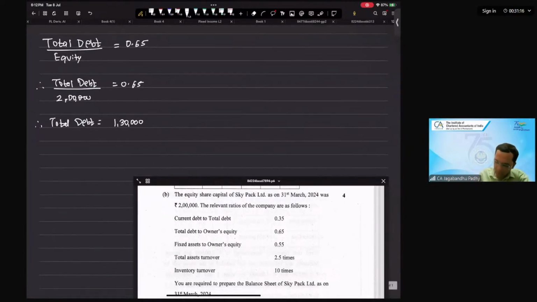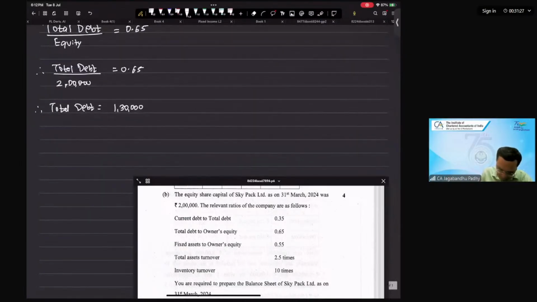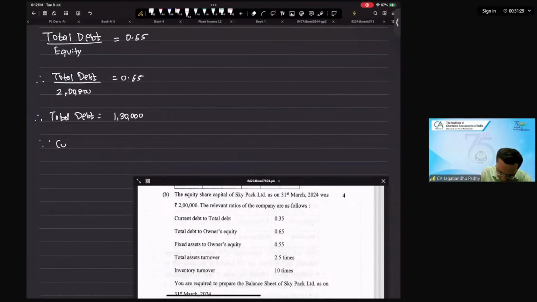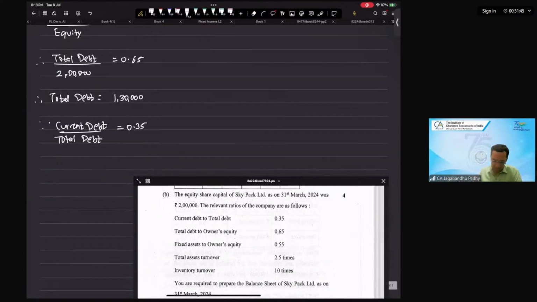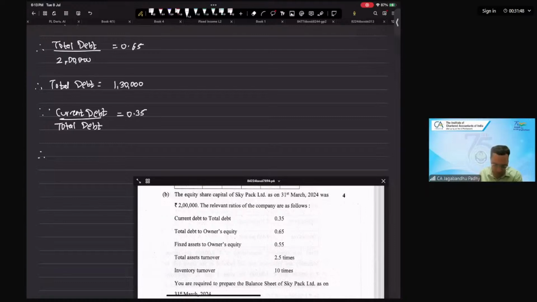Now, when we have the value of total debt, we also have another ratio, current debt to total debt, which is 0.35. So current debt upon total debt is 0.35, and therefore current debt is something we can compute.